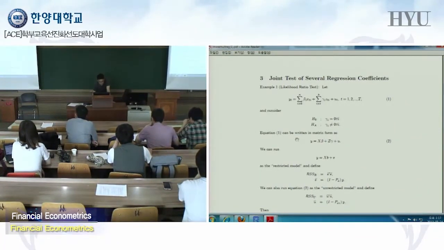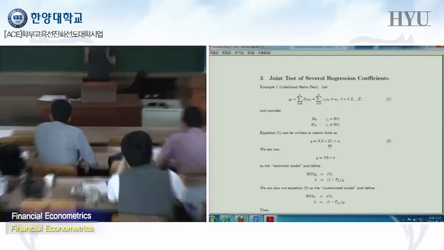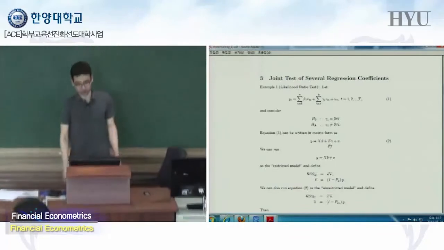So equation 1 can be written in matrix form like this: y is x beta plus z gamma plus u. First, we can run the regression y equals x beta plus e. We call this a restricted model. Restricted means we restrict gamma to be 0. We put a restriction on gamma, so it is restricted to 0.